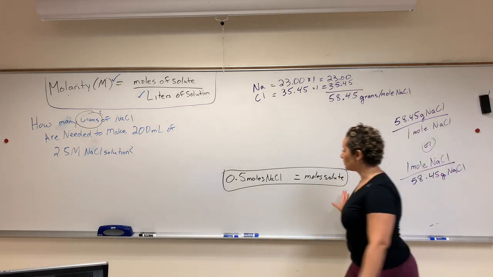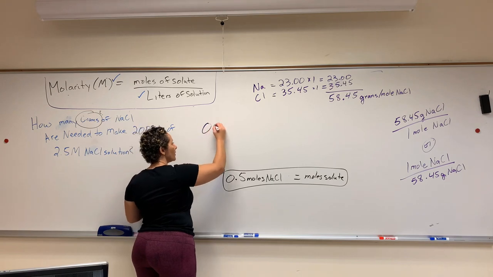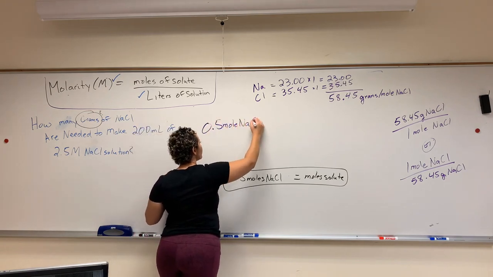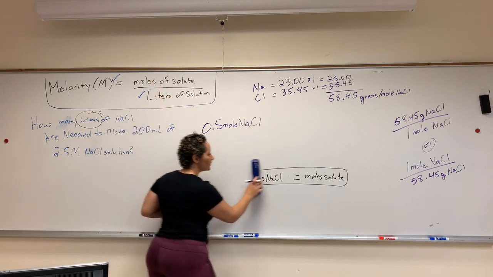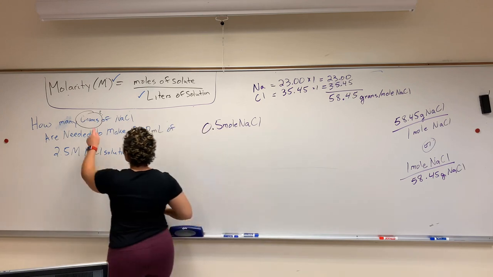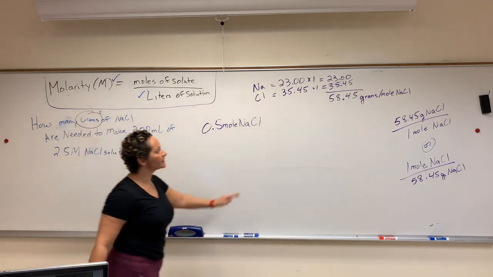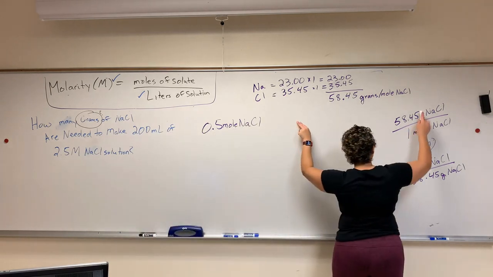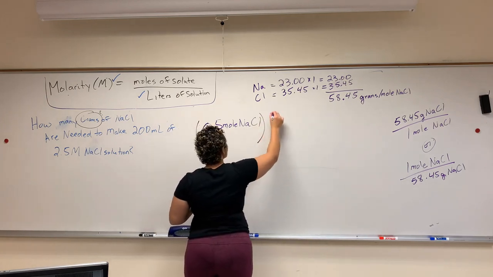So now we have these moles. Let's go ahead and work our problem. 0.5 moles sodium chloride, that answer that we came up with. The question is, how many grams? Since you're trying to figure out how many grams, you know your grams needs to be on the top. Okay, and look at that, grams are on the top. So let's do our calculation.